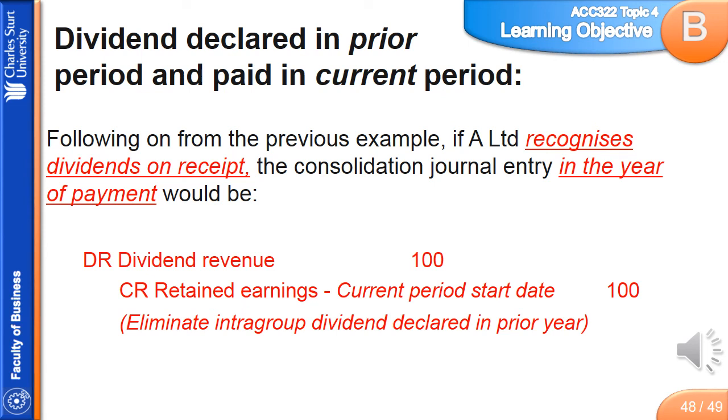As I've already mentioned, this isn't very common unless it specifically states in the question that dividends are not recognised when declared and only on receipt. You would need to do this entry.